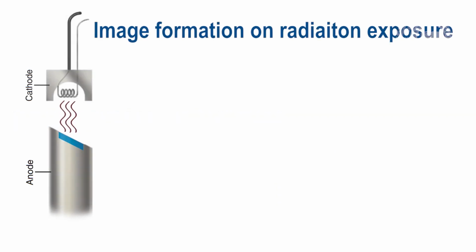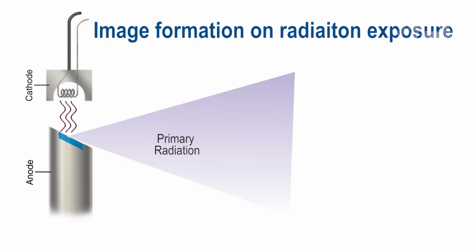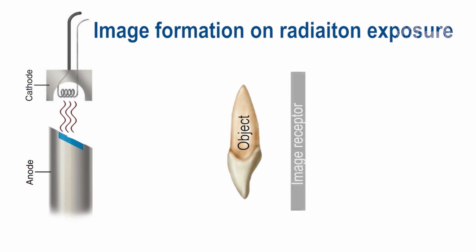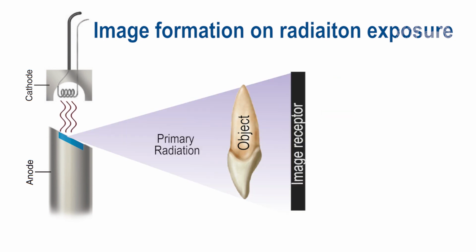We know that the electrons from the cathode strike the anode at the target spot. It will release the X-rays. If we want to take a radiograph of an object, X-rays should pass through it and should expose the image receptor where the image of the object is created.